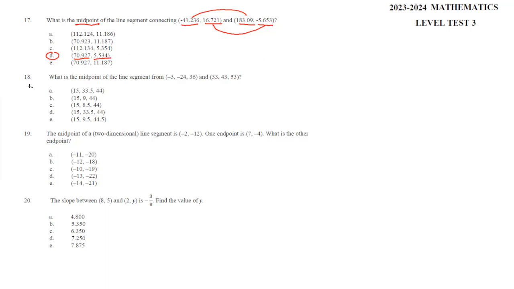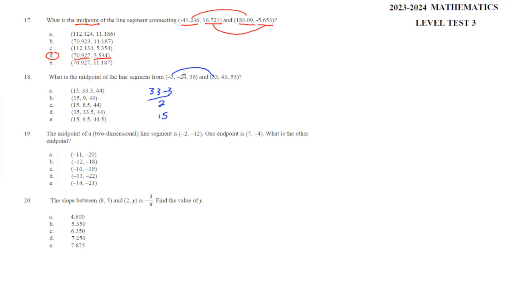So, good. Number 18, what is the midpoint of the segment? Again, we're going to do the same thing. Average these two. 33 minus 3 all divided by 2, so that's 30 divided by 2 is 15. Good.